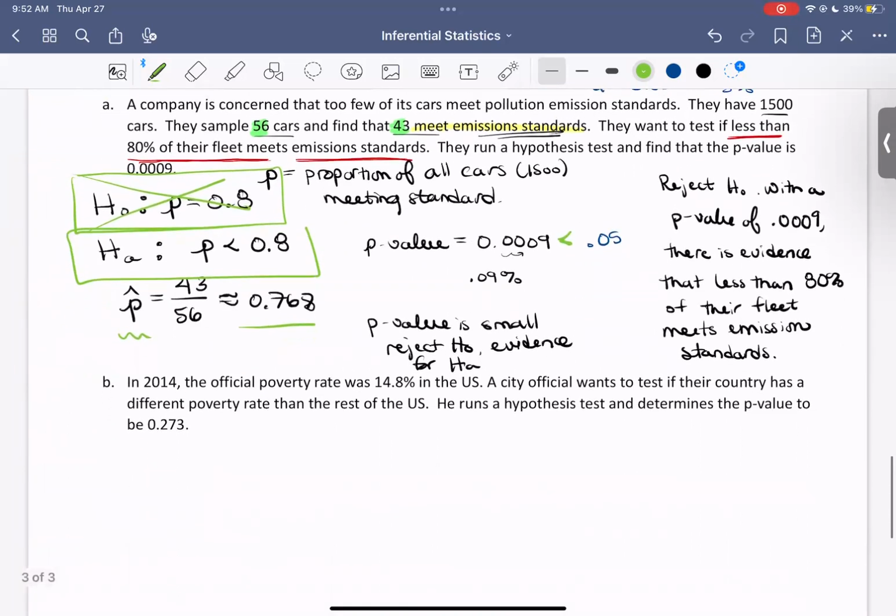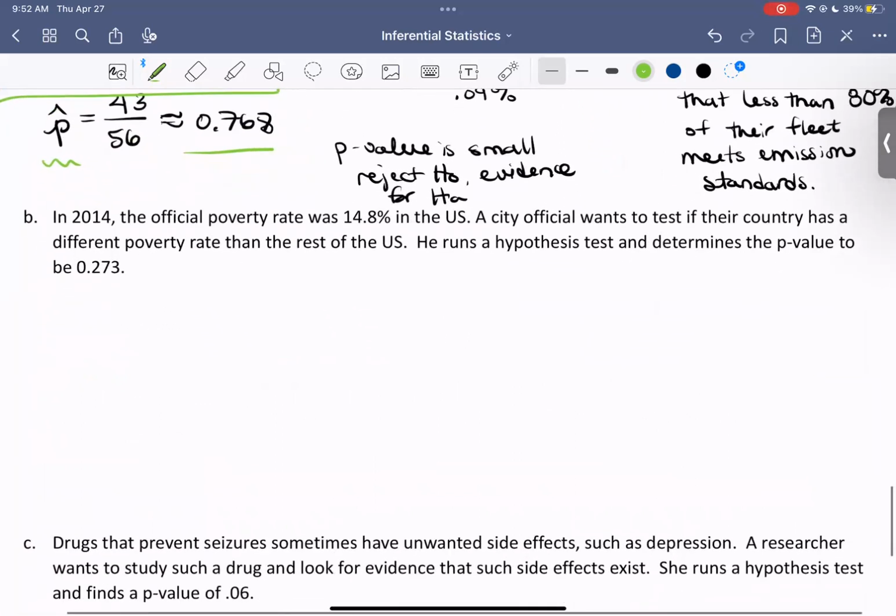All right, let's look at the next two scenarios. Now looking at part B, we're told that in 2014, the official poverty rate was 14.8% in the US. A city official wants to test if their city has a different poverty rate than the rest of the US.